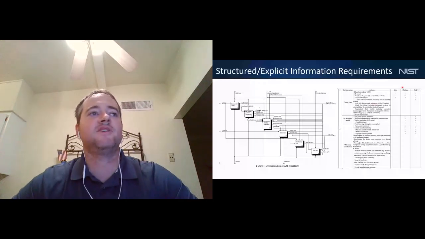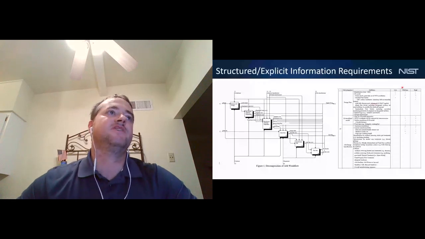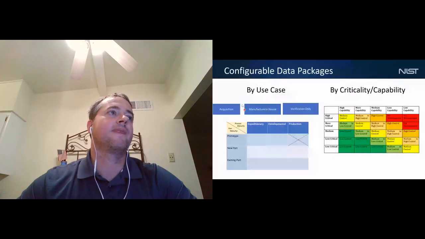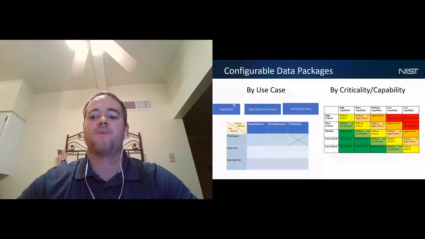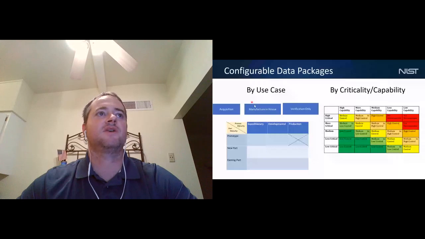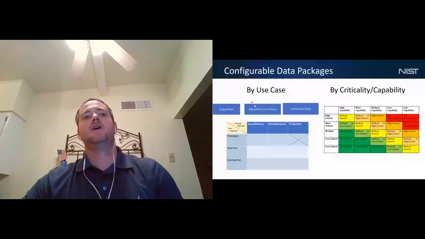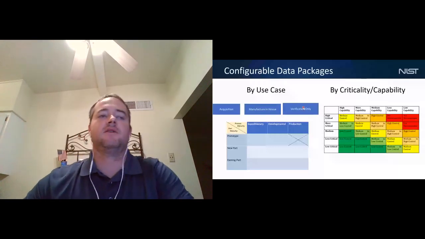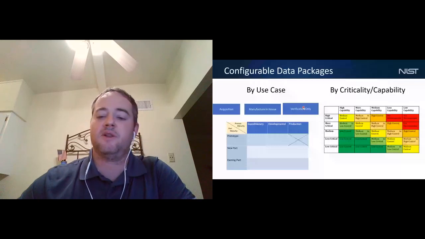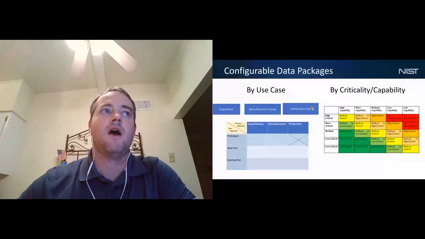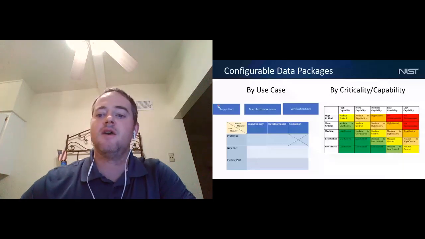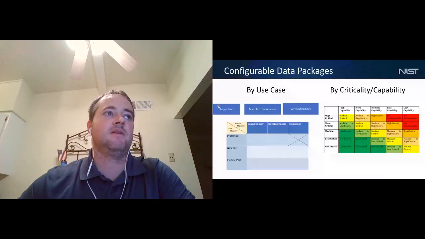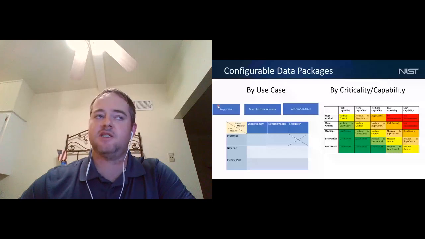When we looked at some of these use cases, and again, we talked a little bit about capability and criticality, but also the idea of different use cases. In some cases in the supply chain, we might have the acquisition, we might have the manufacturer in-house, we might have the verification only. Depending on the use case, maybe we already have production in place and we only want to look at the verification of a particular part, versus maybe we want to send an acquisition out to somebody we are just starting preliminary expeditionary developmental process runs with.